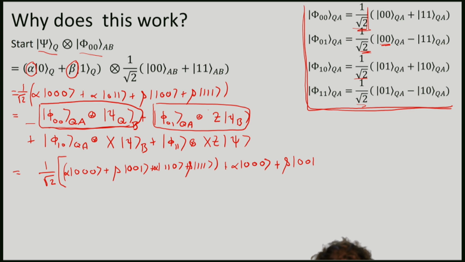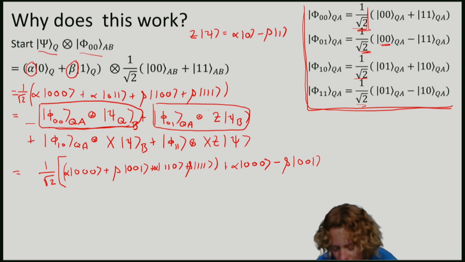And I need to put a minus here because remember we put the Z. So this here is a minus because Z times psi is alpha 0 minus beta 1. Okay, very good.